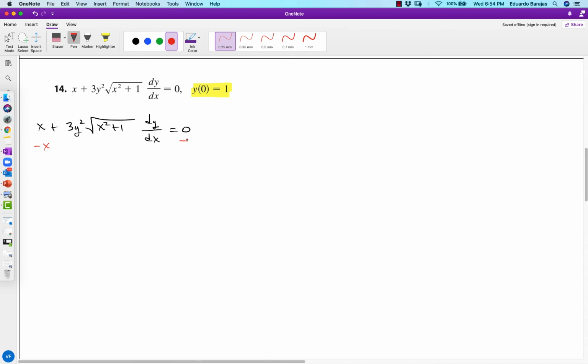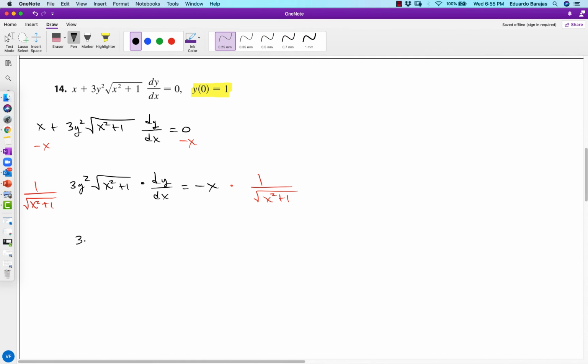Then I'm going to subtract x, and I get 3y squared square root of x squared plus 1 times dy dx equals minus x. And now, I decide to multiply both sides by 1 over the square root of x squared plus 1.